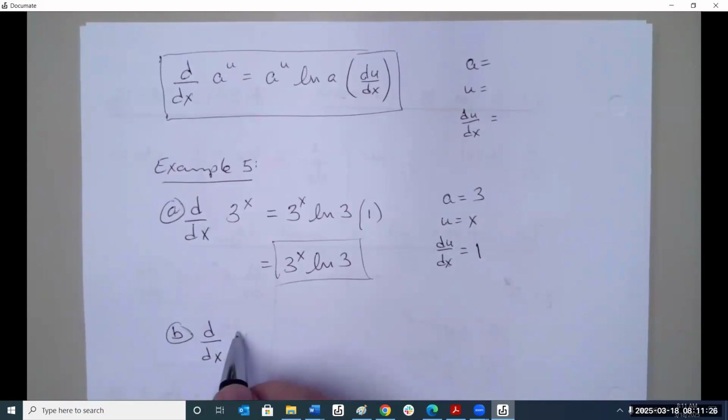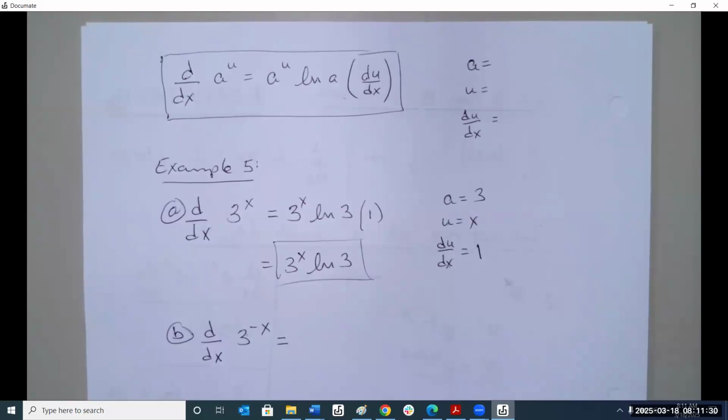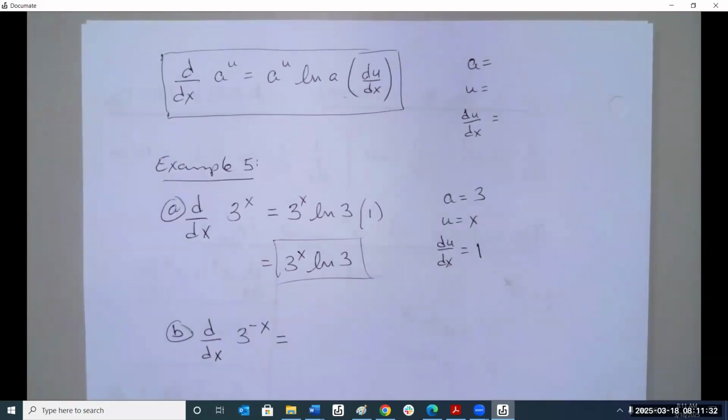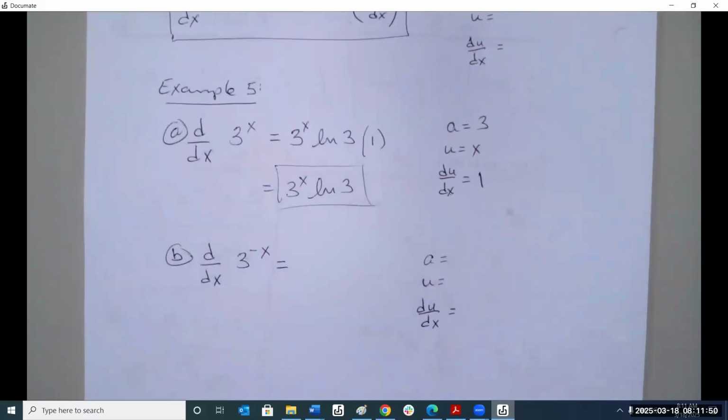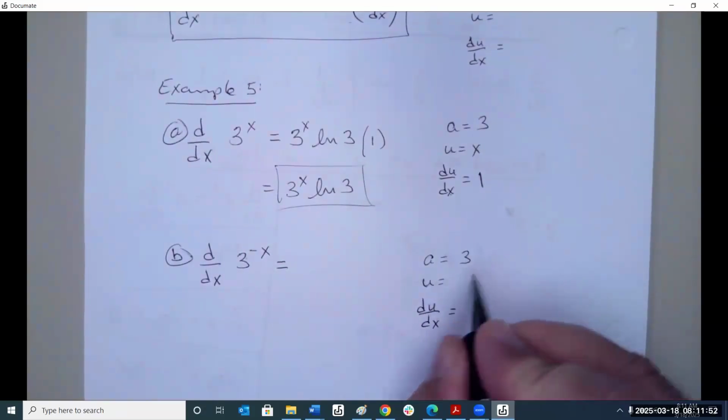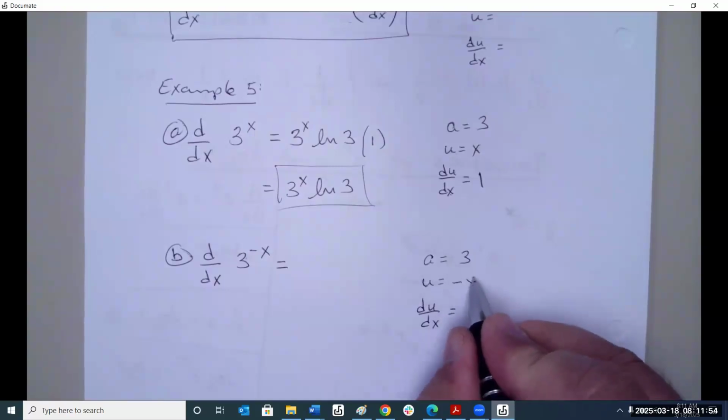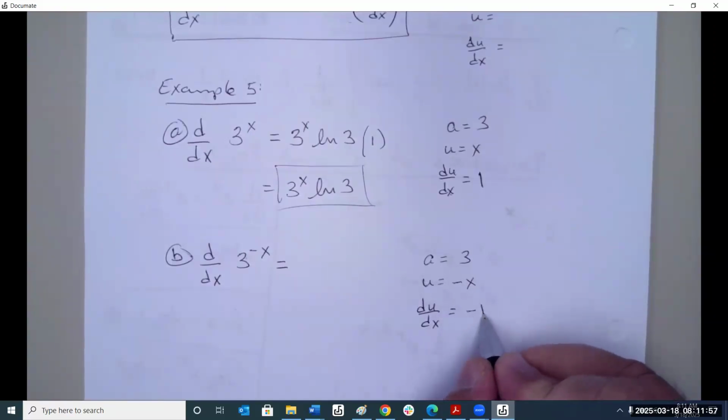Find the derivative of 3 to the power negative x. Again, to use this formula, what is A? 3. U is negative x, so du dx is negative 1.